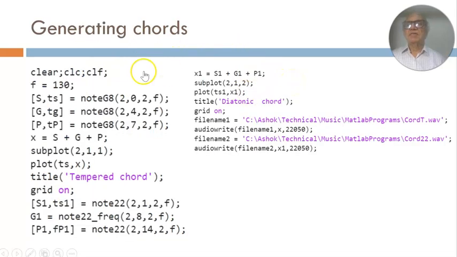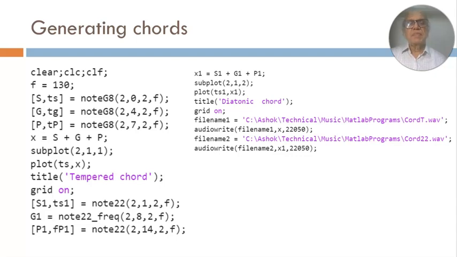So let us now see how the chords are to be generated. So what we are going to do is to first generate the chords. Now what are chords? We have not discussed them before, but I'll explain them in simple terms. See, on a physical instrument, a musician, when he plays a chord, what he will do is he will press many keys together.